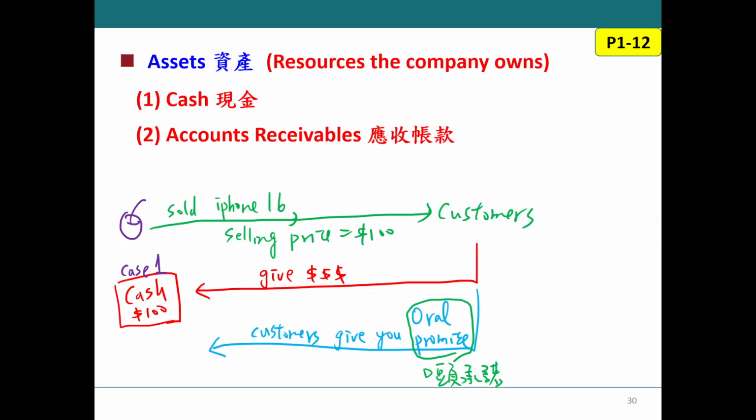Okay? So second case, you didn't get the money. You got what? Oral promise, right? So second case, you got oral promise from customers.